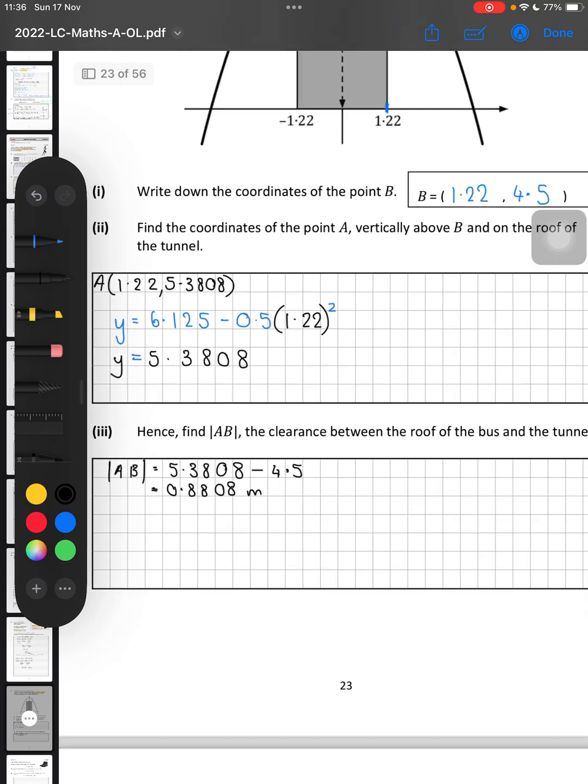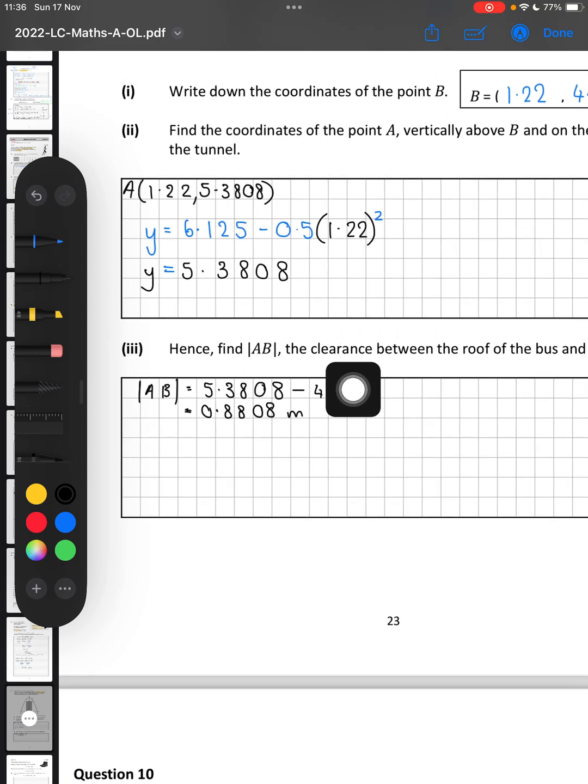The other way is from seeing these lines. You might want to open up your log tables on page 18 and write down your formula and do it that way. So the distance from A to B is, and then get your formula from your log tables.